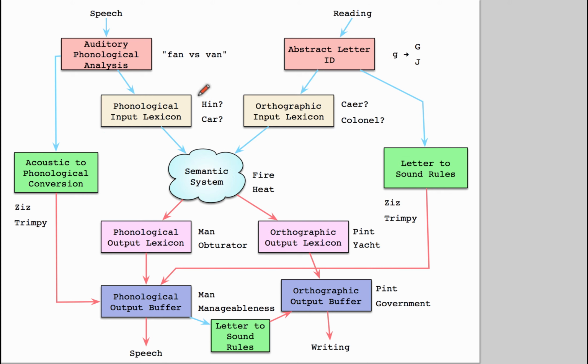Remember, I said that these lexicons, because they're so much based on exposure, are very sensitive to frequency. High frequency words are easier to process for these processors, low frequency words more challenging. The semantic system is more sensitive to imageability.